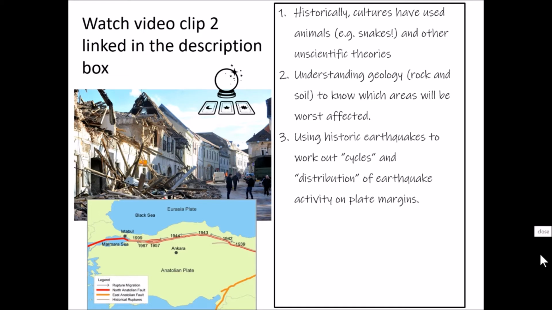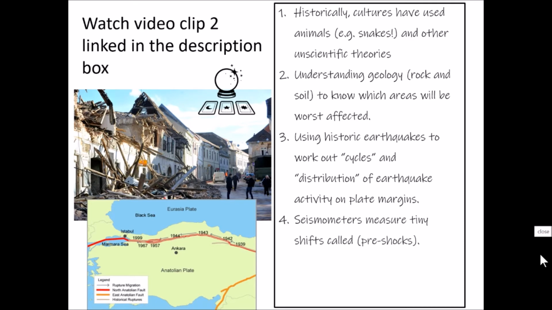And we know that we have had recent earthquakes in the western parts of Turkey since this diagram was even created. So we think that sometimes there can be a bit of an unzipping along a plate margin, and that can sometimes help us predict where the next earthquake will happen, even if it's not going to tell us when.